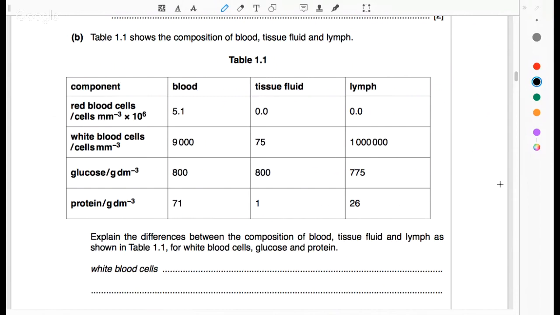So it passes through the lymph nodes where there's a high concentration of lymphocytes and phagocytes. And antibodies are secreted, antibodies leave the lymph nodes, enter the lymph.